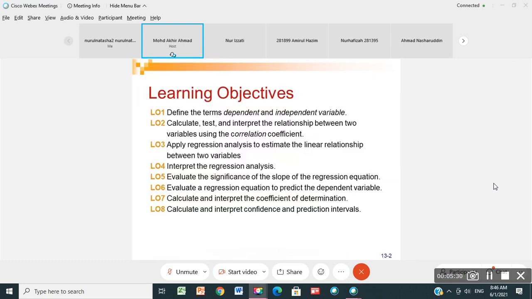Okay, in this topic we learn what is the independent and dependent variable. Dependent and independent variable. So that means the group of X and group of Y. Independent usually we call X and dependent variable is Y. That means we have two types of group.